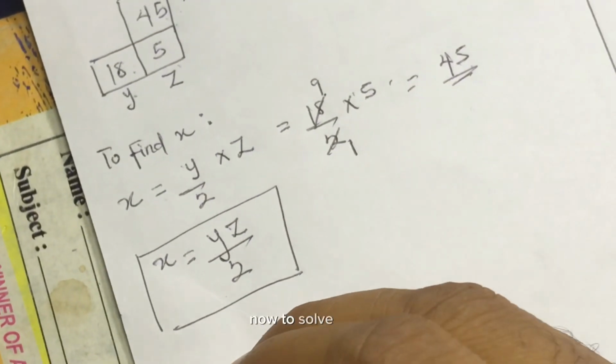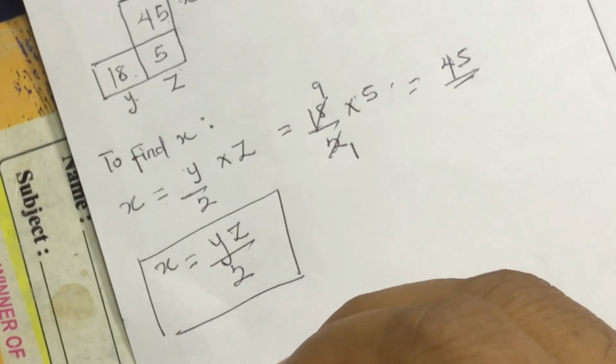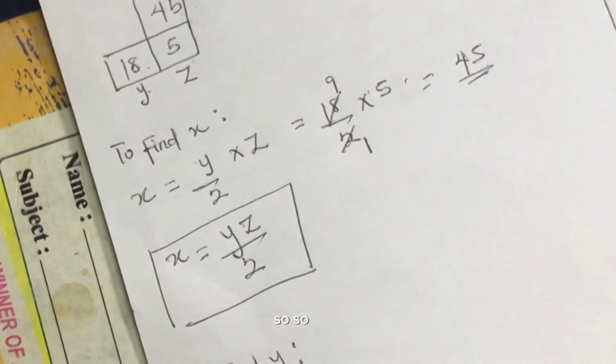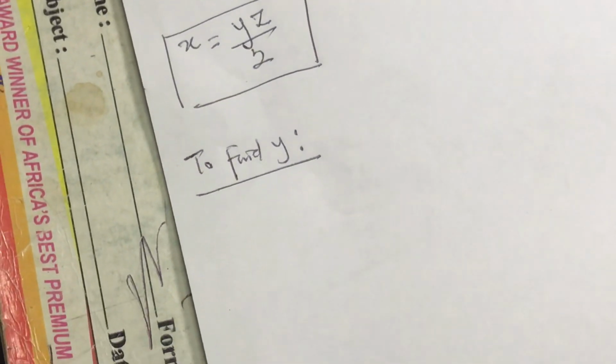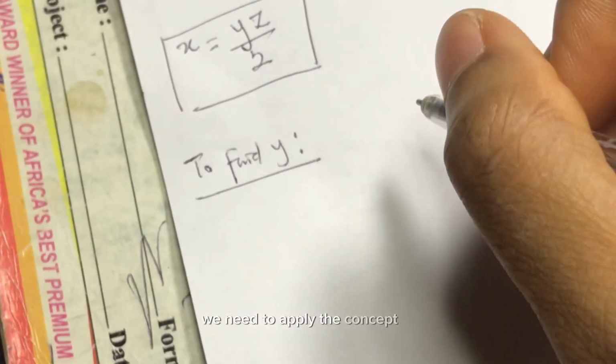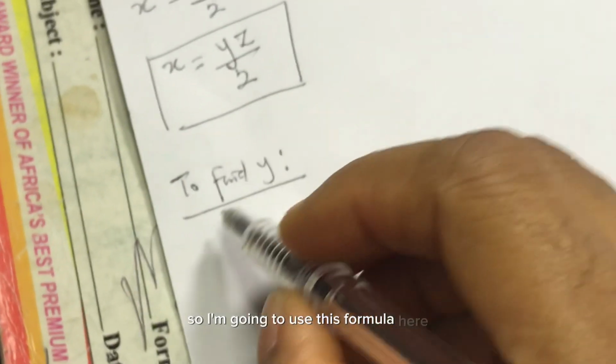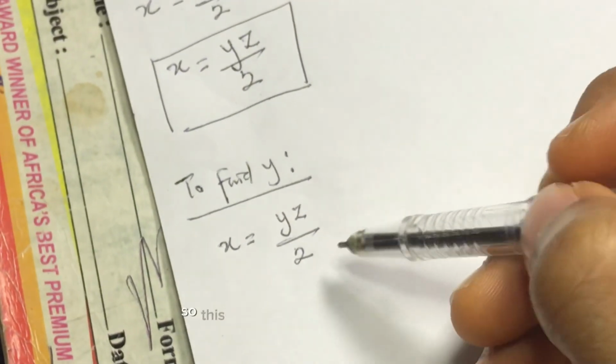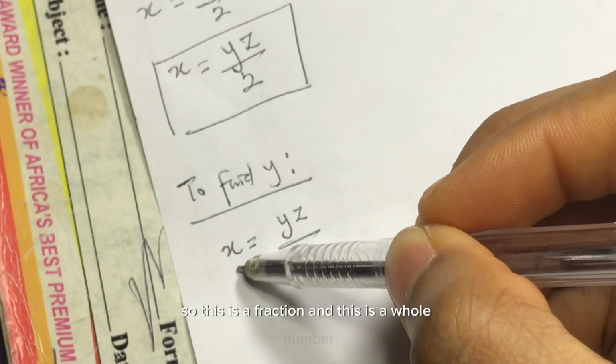So this is the formula for solving for X. Now, to solve for Y, we need to apply the concept of the subject of the formula. I'm going to use this formula here, X equals YZ divided by 2. So this is a fraction and this is a whole number.